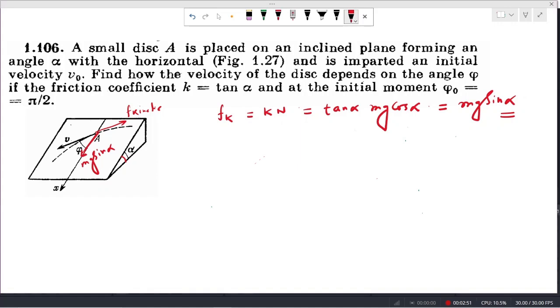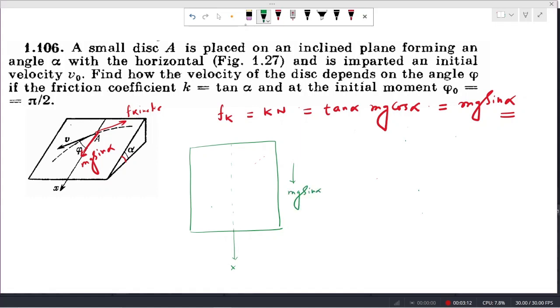So let me project this inclined plane in the plane like this, and we are calling this the x-axis. Mg sin alpha will be acting this way.